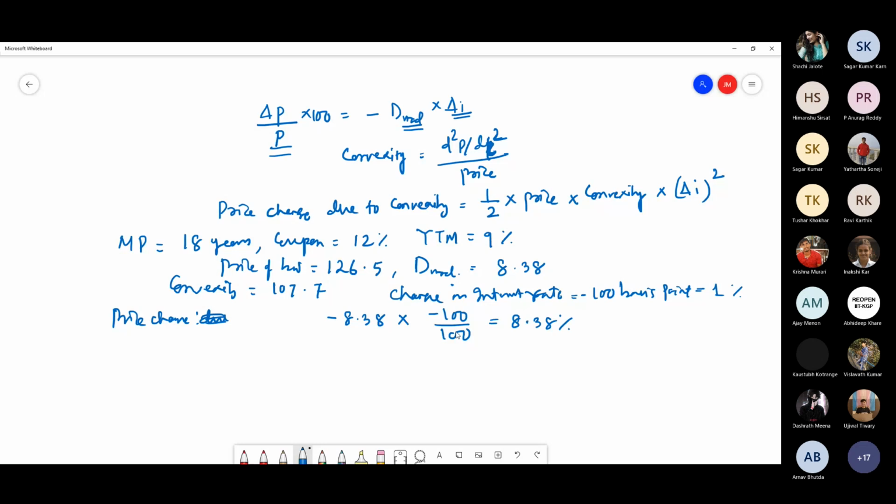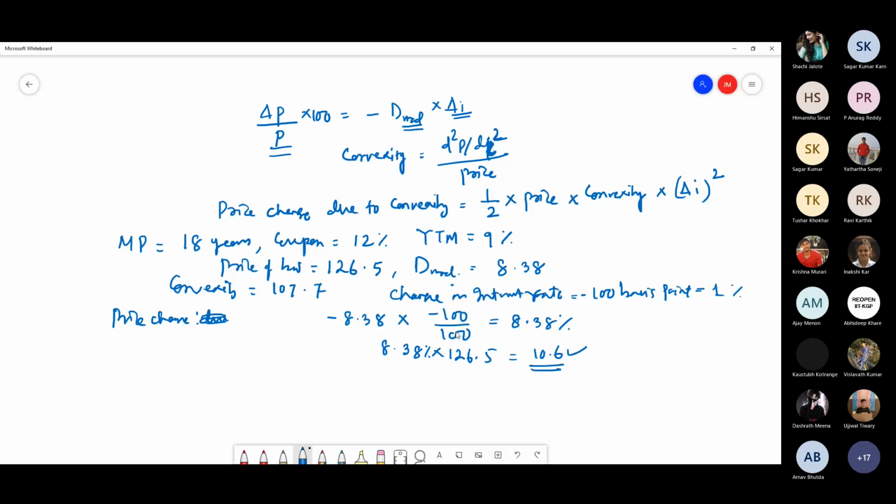Now if you want to calculate the price change of that bond due to the duration, it is 8.38 percent multiplied by your 126.5, that is 10.6.